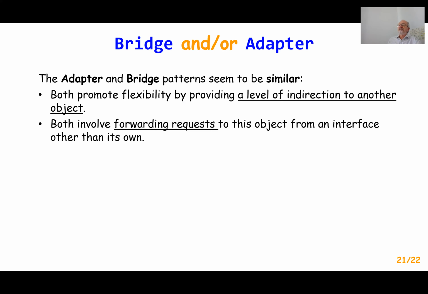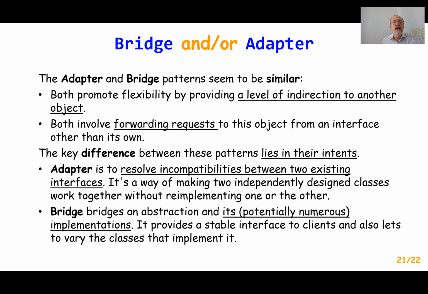However, of course, we wouldn't introduce a new pattern if it was exactly the same as one of those considered before. There are key differences between these patterns. Adapter is to resolve incompatibilities between two existing interfaces.